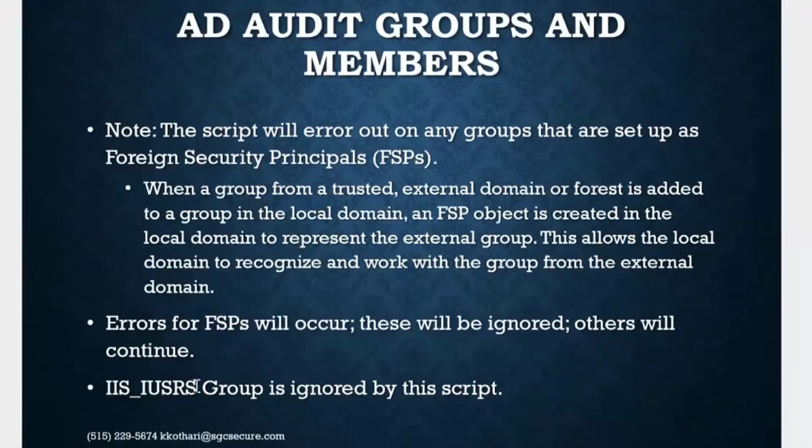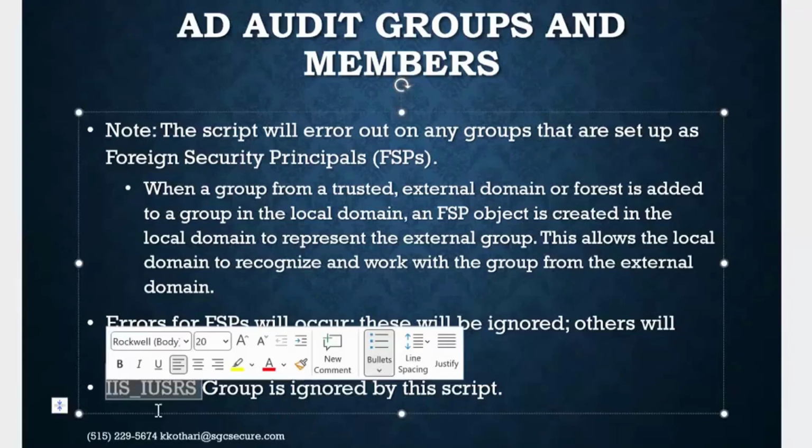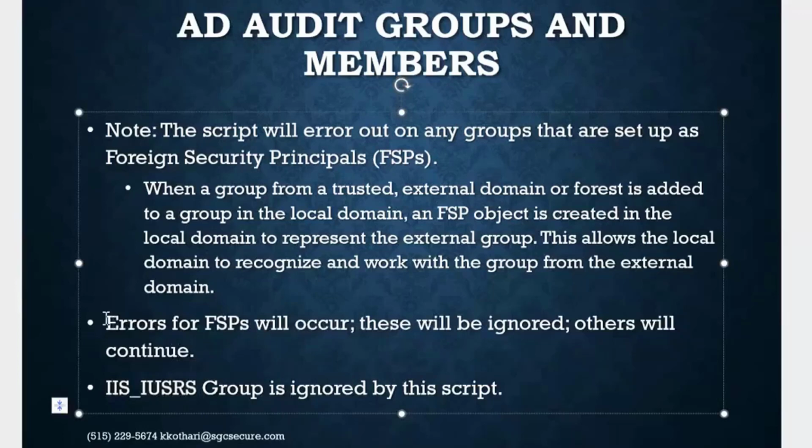The most common one that we see erroring out is the IIS_IUSRS group, which is created when you install IIS. Generally speaking, you don't want to install IIS on the domain controller. But if you have, that group is there, and likely it'll have a foreign relationship. So it'll error on that, but it'll keep going. It just won't produce information for the group that has these FSP relationships.